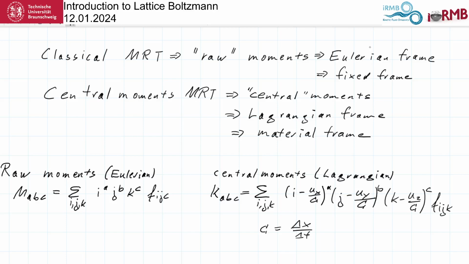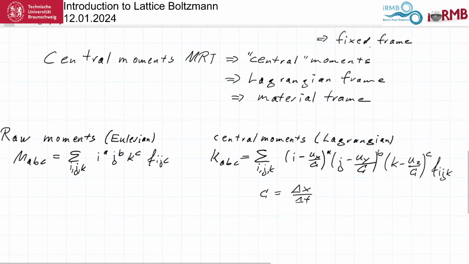So the velocities that we see here, u_x, u_y, and u_z, are defined in the way that k100 is equal to k010, and this is equal to k001, and this is 0.